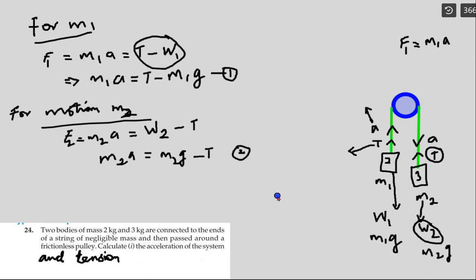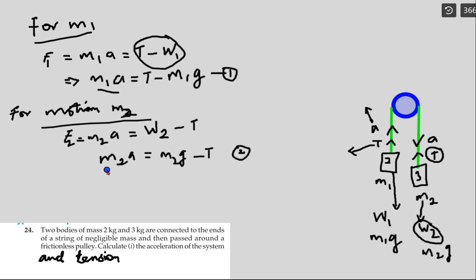This is the equation of motion for M1 and M2. We'll solve these two equations and find A first. To find A, let me add these two equations, adding left hand side and left hand side, right hand side and right hand side.